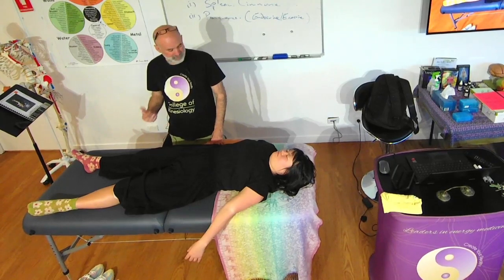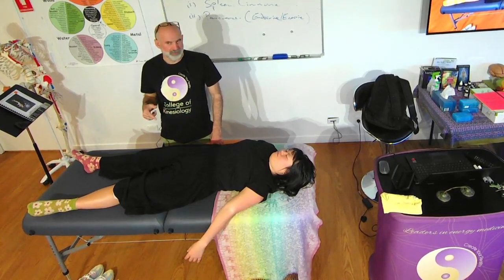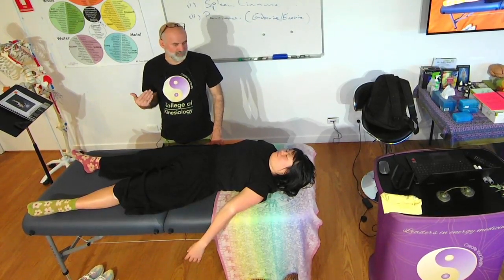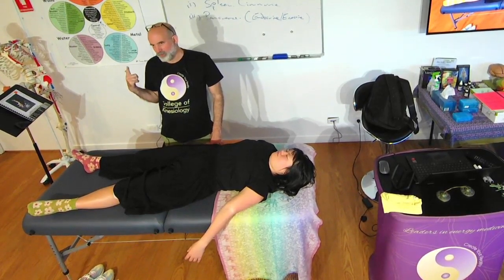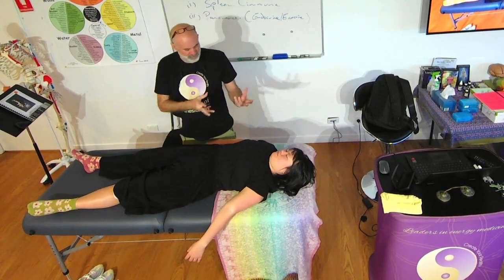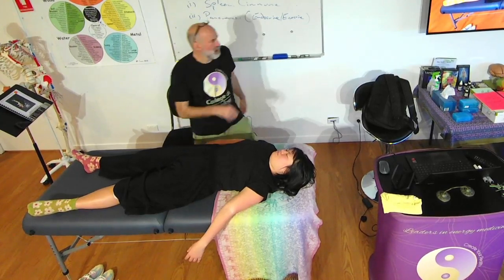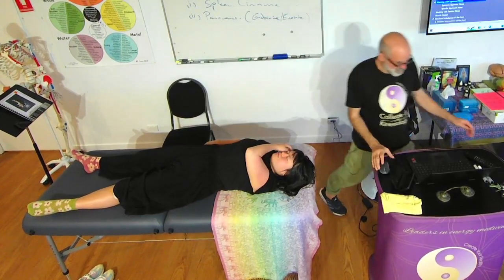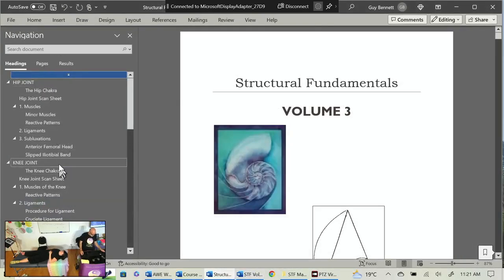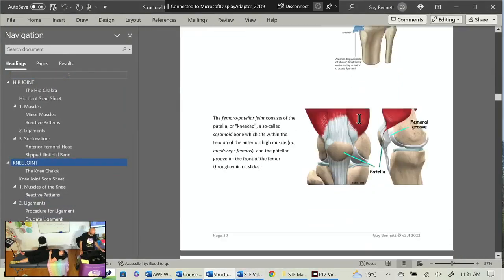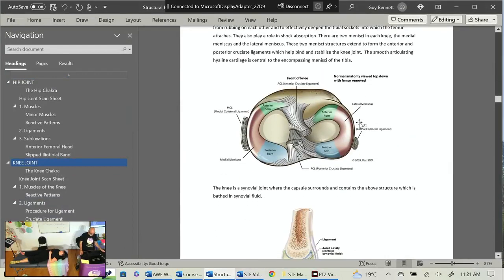So in STF3, which is in block 4, which is not for a while, we look at the individual ligaments within the knee. I'm just going to show those. So there's a section on the knee joint, and this is like looking down on the knee joint. So that's the bottom of the tibia.